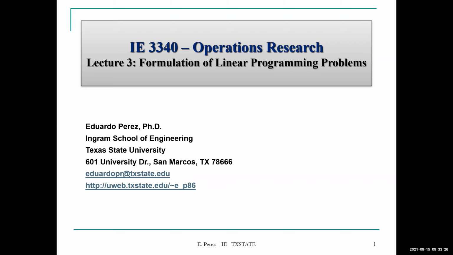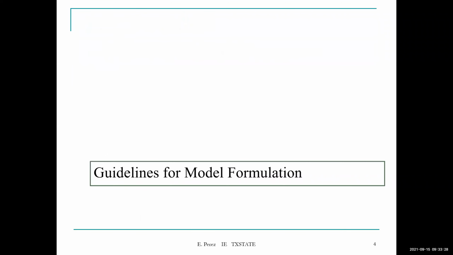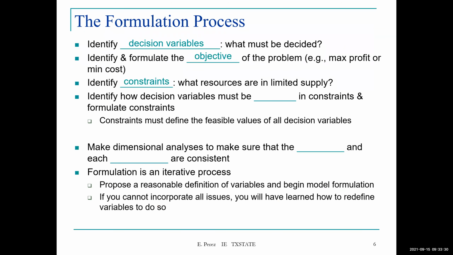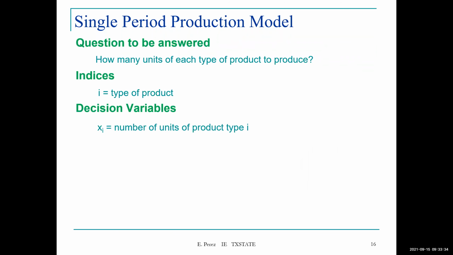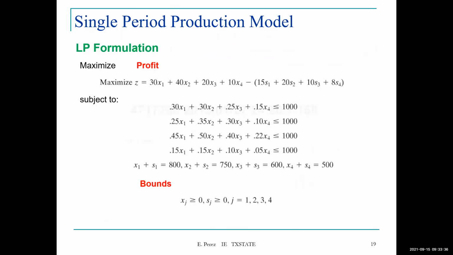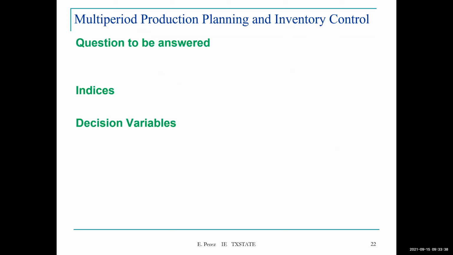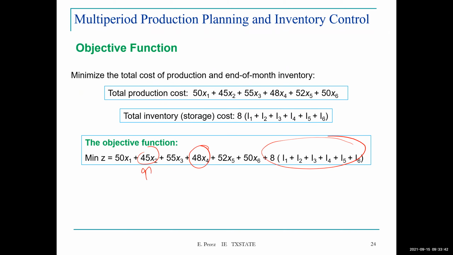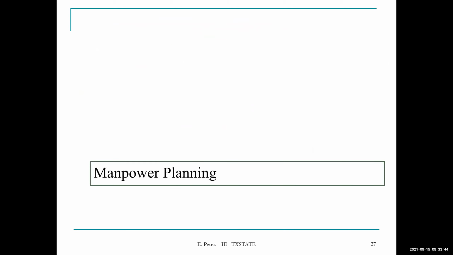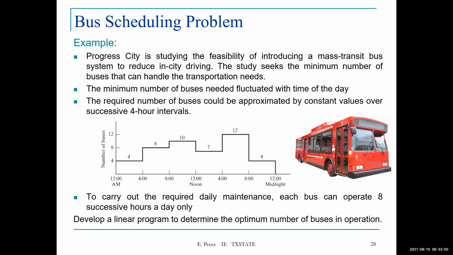So the last few examples that we discussed, sorry, I'm going through all of them quickly, were in terms of scheduling. So we did the production planning, and then we did the manpower planning, which is what I'm referring to as the scheduling problems.